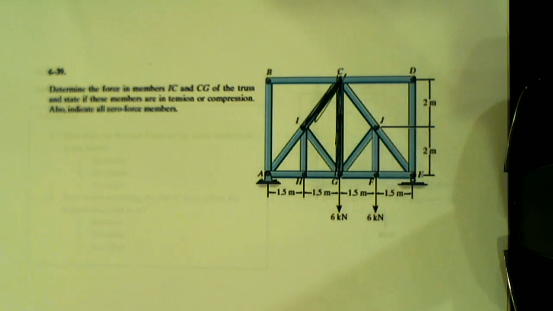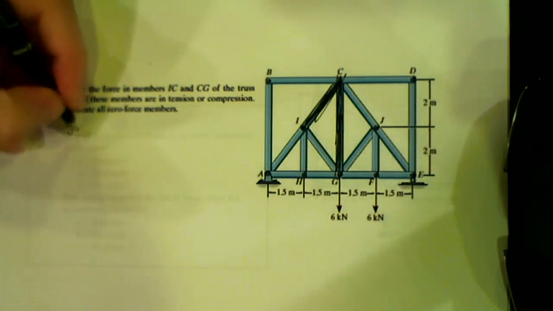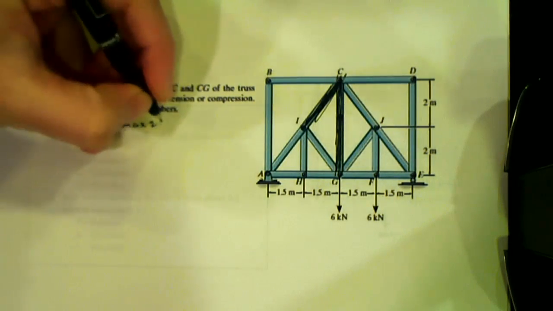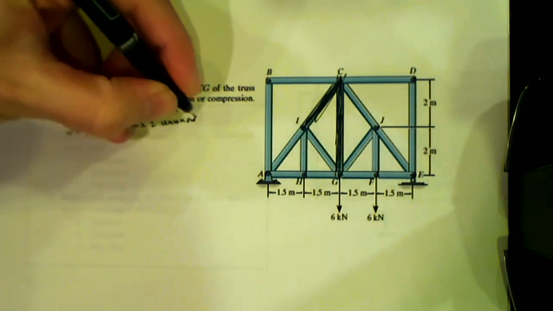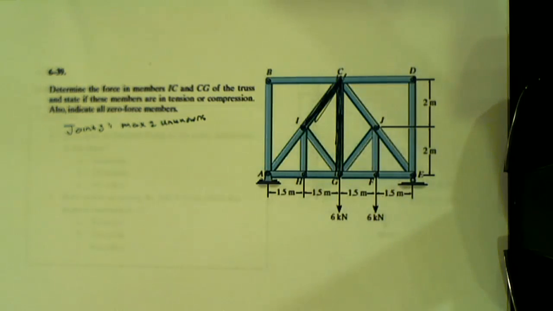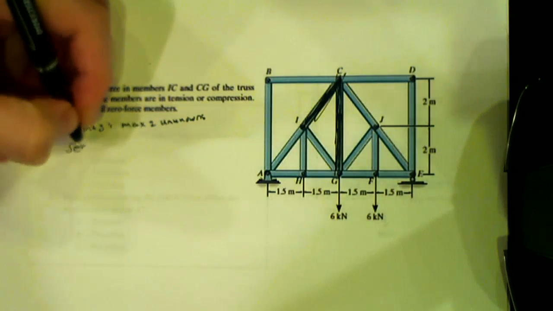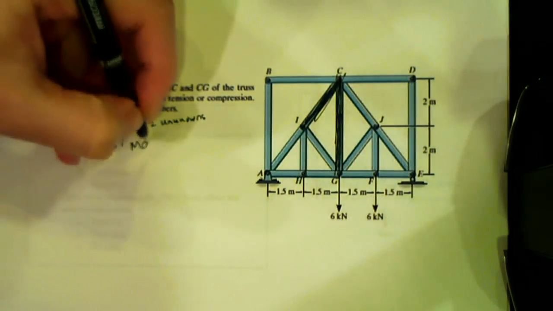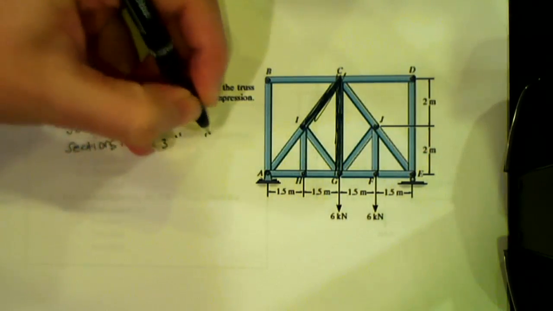You only have 2 equations that you can work with. So for joints, max of 2 unknowns, because we can only do sum of forces in X and sum of forces in Y. What about for method of sections? 3. So sections, we have a max of 3 unknowns.